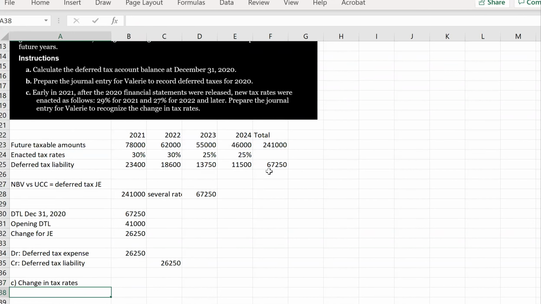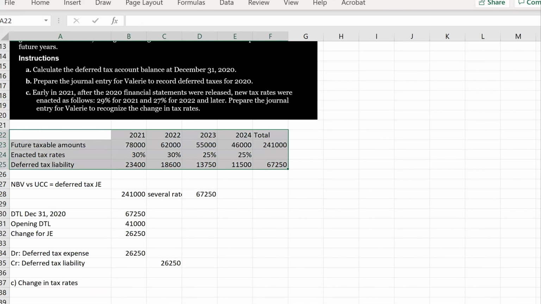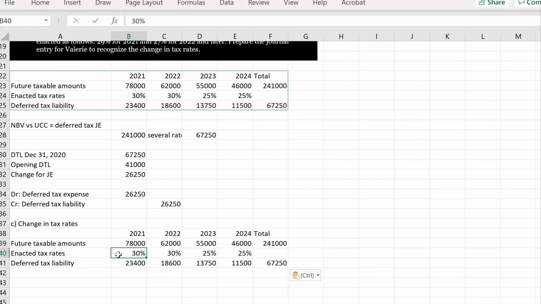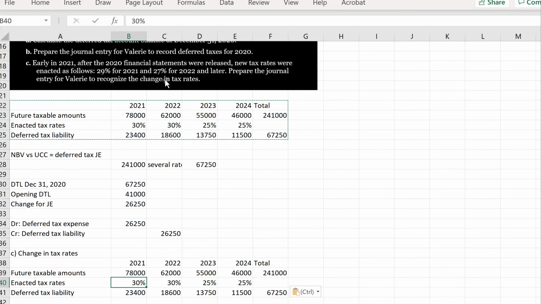So we're going to have the same schedule. Now our tax rates are going to change. So what happened? The tax rates were enacted 29% for 2021 and 27% for later. Okay, so that's the change in tax rates.